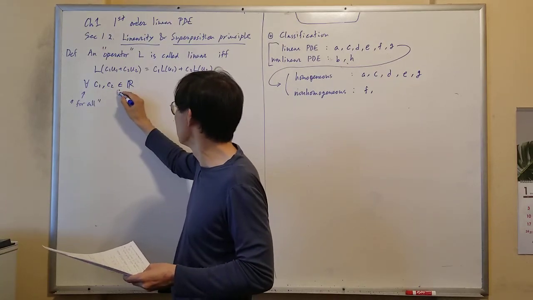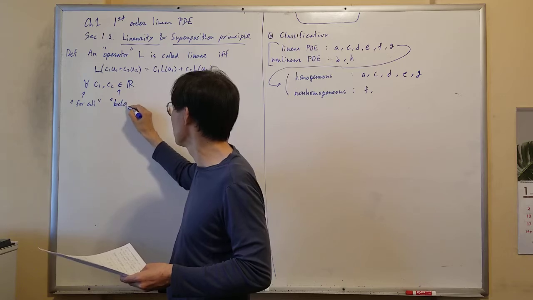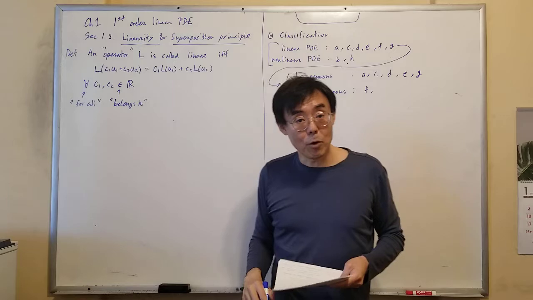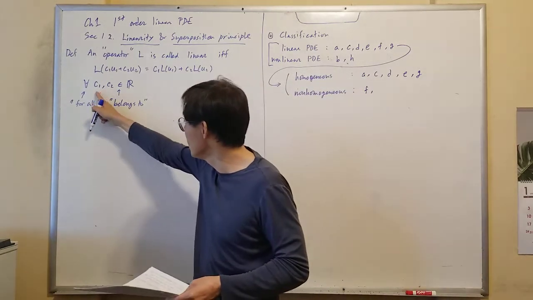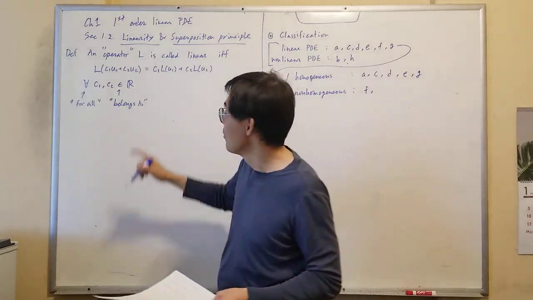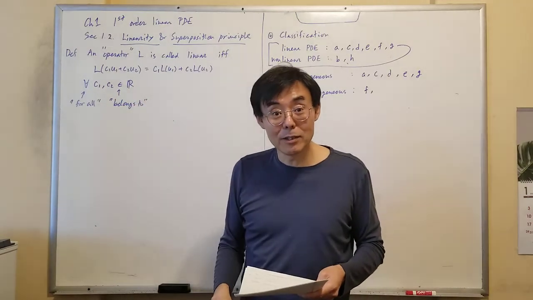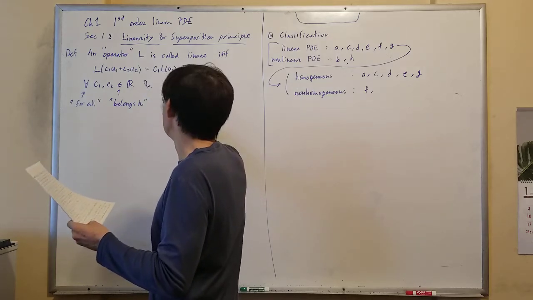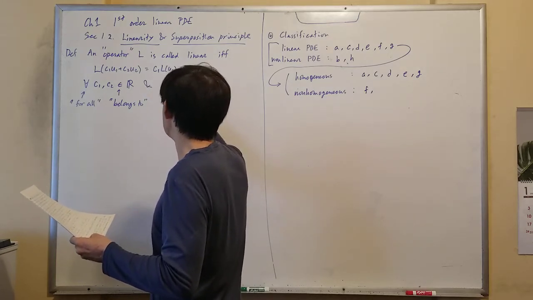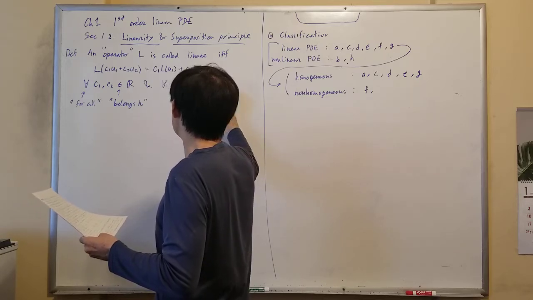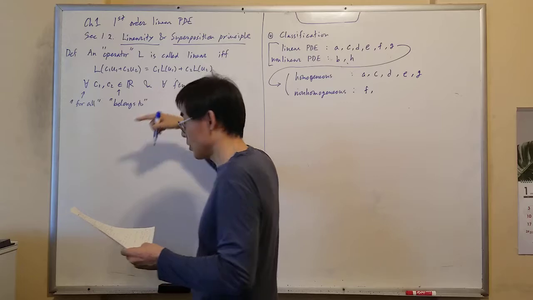You know, this symbol means "belongs to" in set theoretical notation. The boldface R is the set of all real numbers. So for all c1 and c2 belonging to the set of real numbers, which means for all real numbers c1 and c2, and for all functions u1 and u2. Well, certain functions.